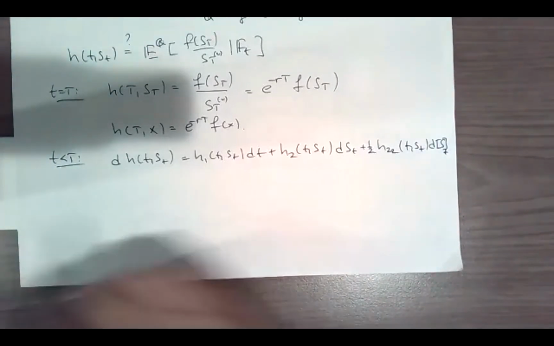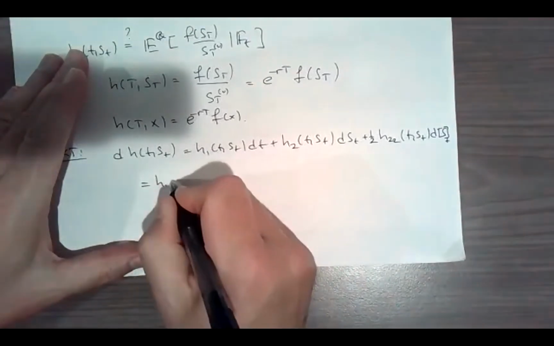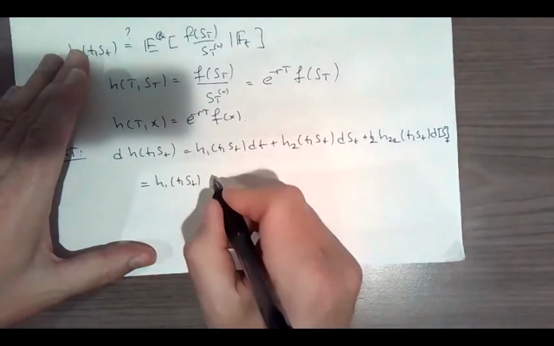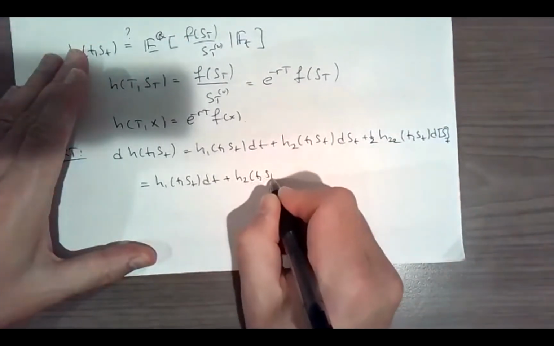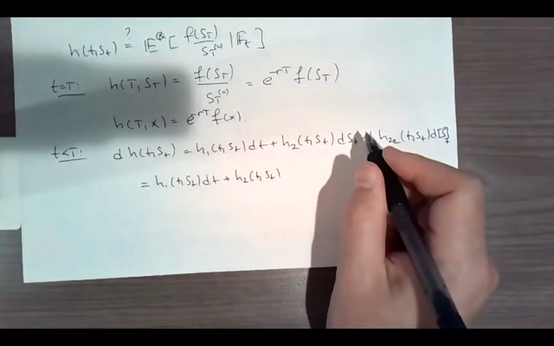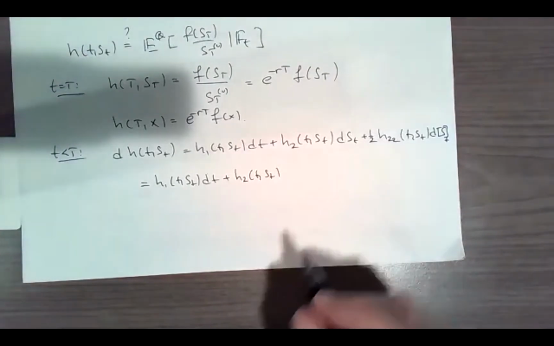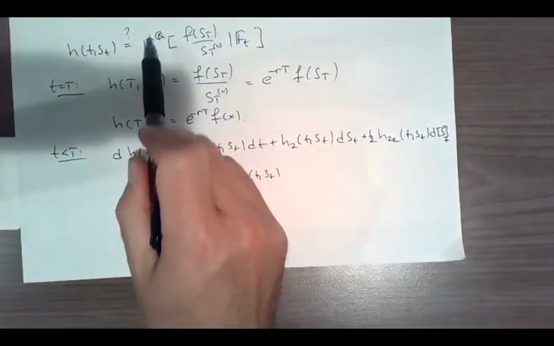Okay, so now we plug in terms. H1, T, ST. What else do we have? We have H2, T, ST, and then DST. DST depends upon what measure we're under. So we're working under a risk neutral measure.